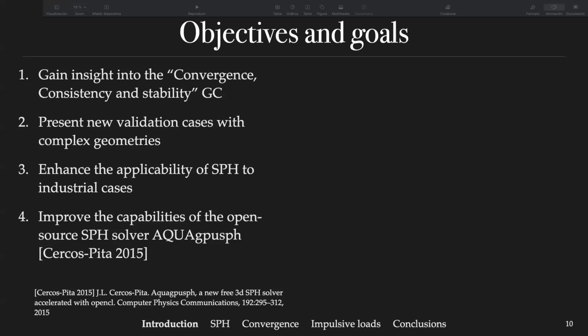Third, enhance the applicability of SPH to industrial cases by presenting validations. And finally, improve the capabilities of the open source software Aqua GPU-SPH. Aqua is an SPH solver first presented by José Luis Cercos-Pita in 2015, which has been mainly developed within this faculty.